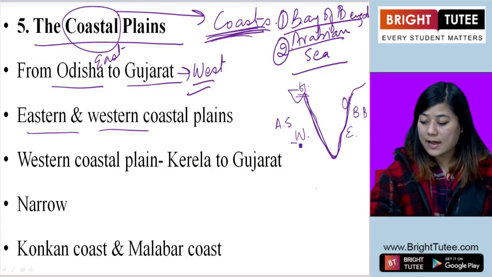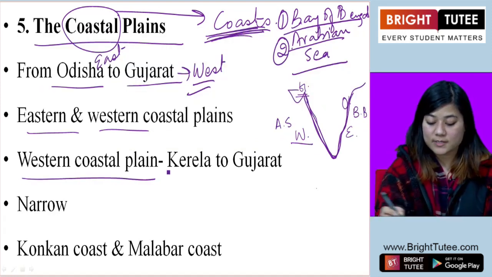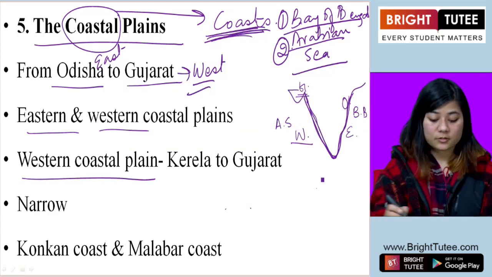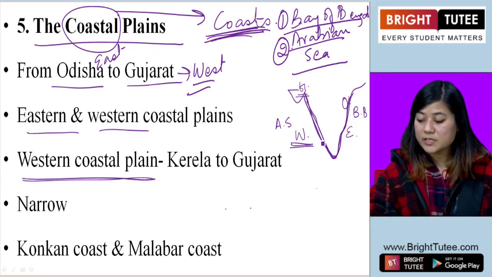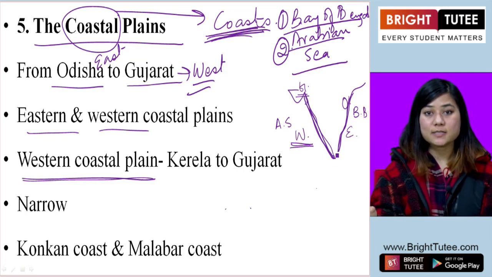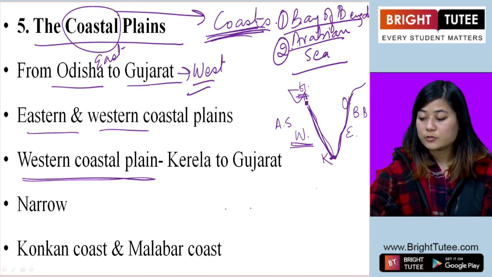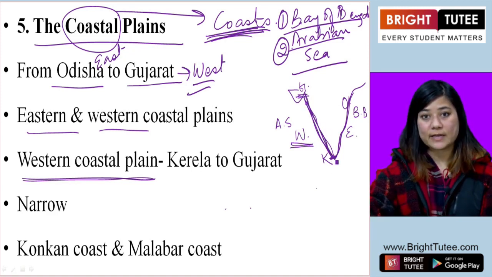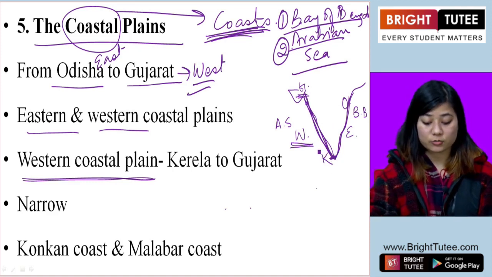Now let us look at the western coast. First let us look at the western coastal plain, which means we are looking at the western side of the peninsular part of India. Now the western coastal plain stretches from Kerala in the south to Gujarat in the north. So this entire stretch of plain along the coast of the Arabian Sea is called the western coastal plain.